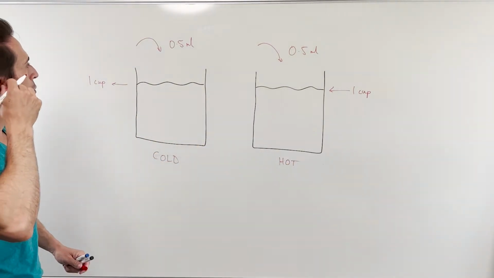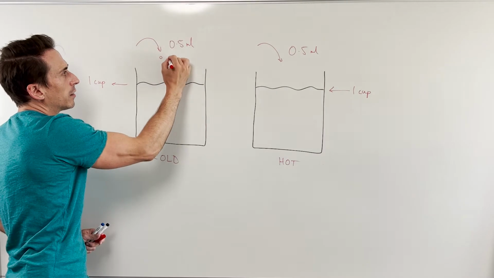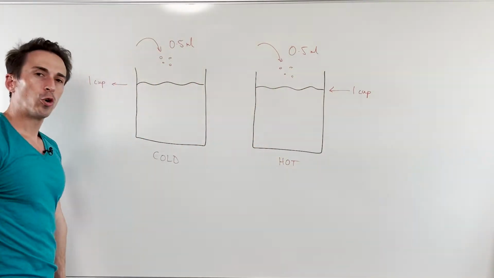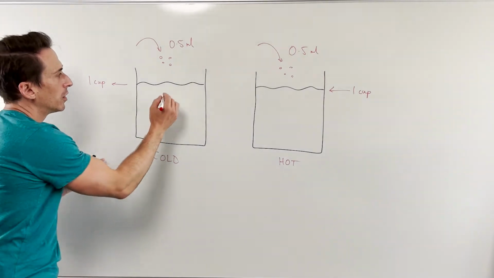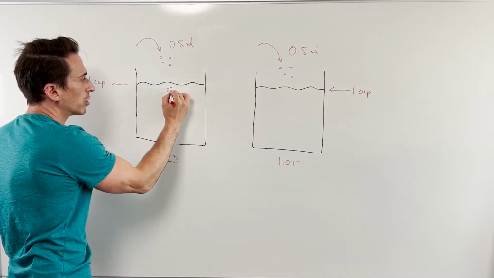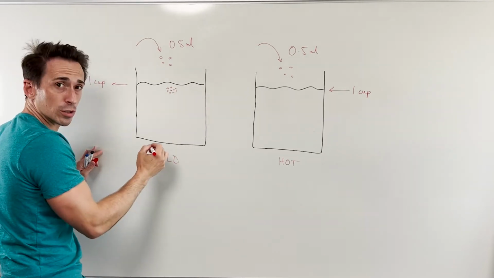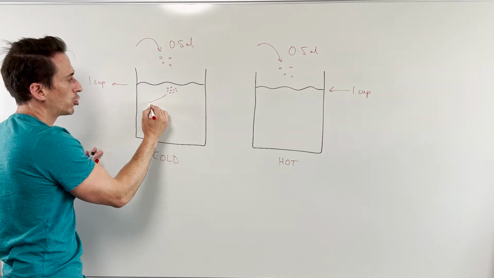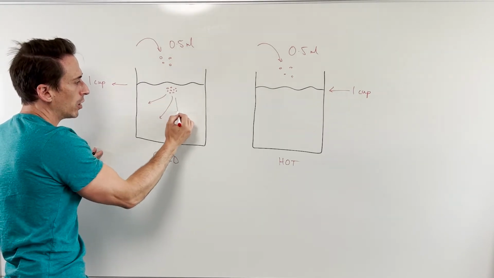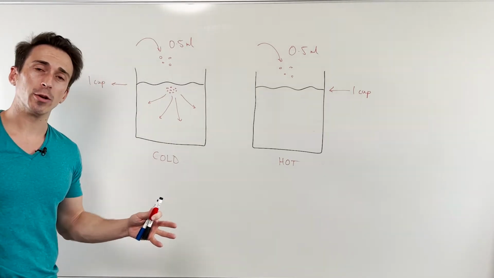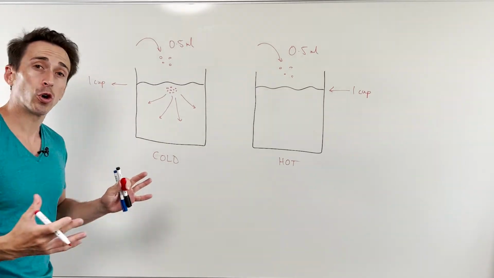What happened was we put the red food dye in and we watched the rate of diffusion. So remember what diffusion is. Diffusion is when you have a high concentration of particles or solutes, they will go from their area of high concentration to their area of low concentration to try to evenly distribute the particles and create an even concentration.